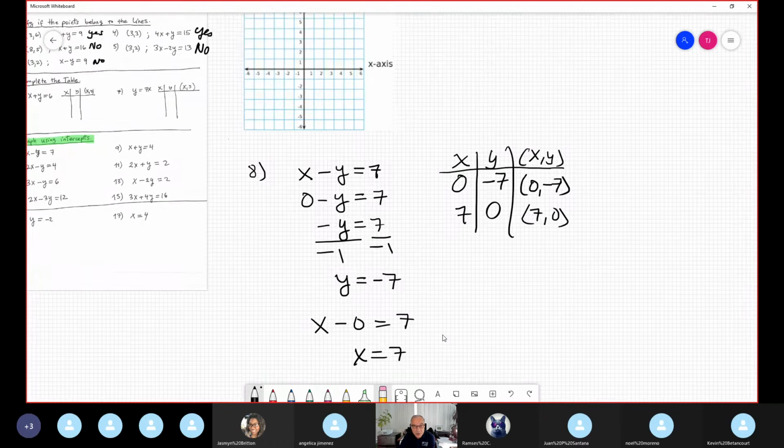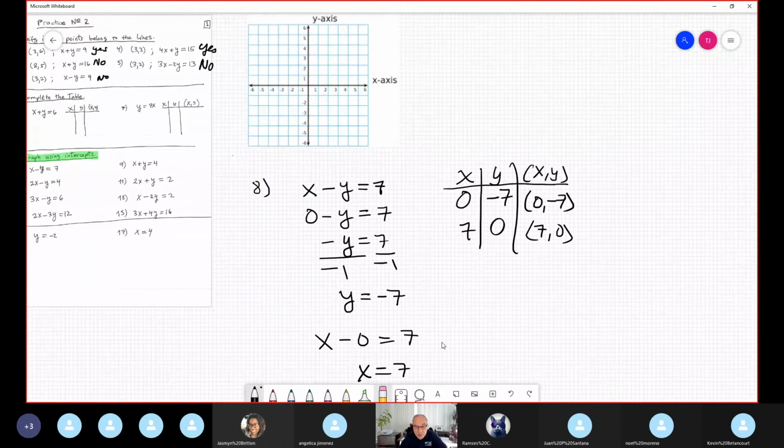Now plotting the point in the rectangular coordinate system is a little bit complicated because 7 is too far from the origin, and my rectangular coordinate system only has up to 6, but it doesn't matter. I extend it a little bit. Suppose -7 is here. Okay, this is my y-axis. This is -7. This is my first point.